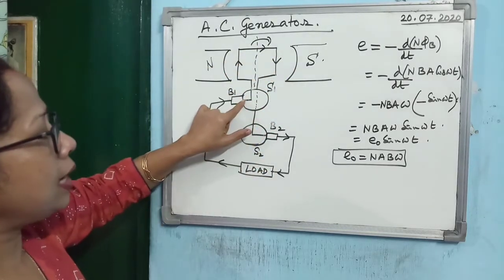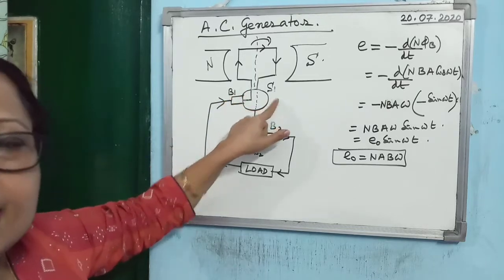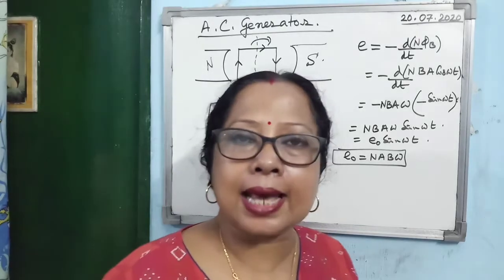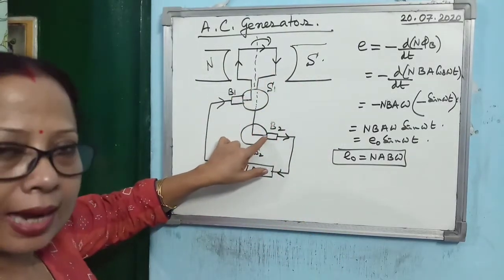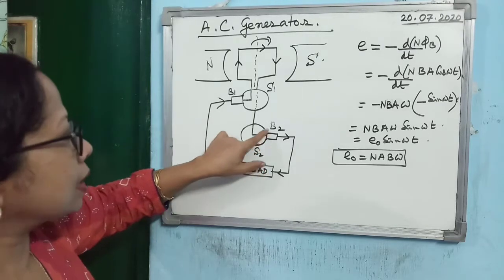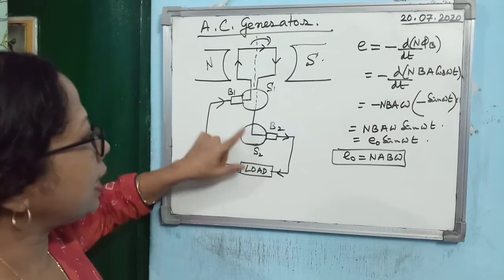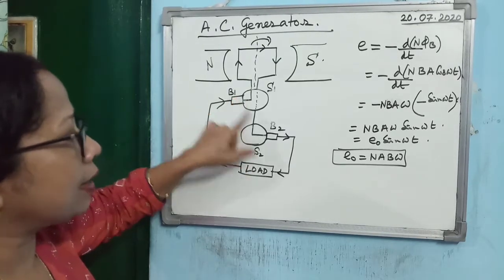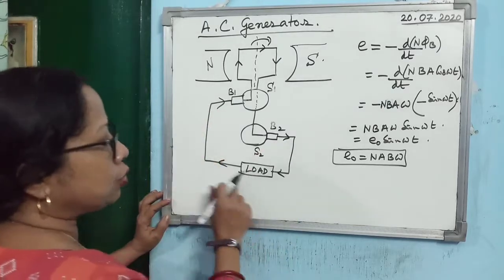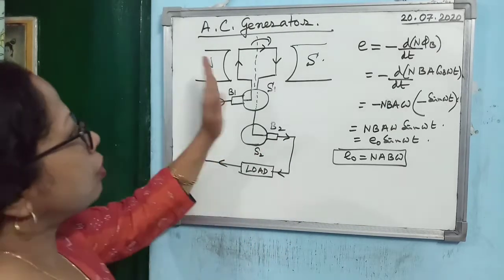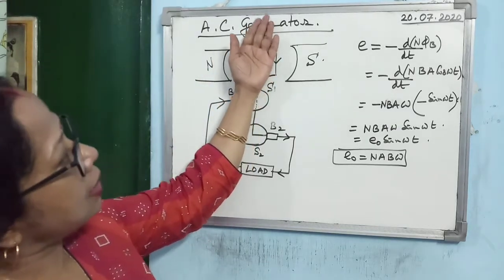One end of the coil slips across a circular slip ring, S1, known as the slip ring, S-L-I-P, and the other end slips across the circumference of the second slip ring S2. Then S1 and S2 are connected with the carbon brushes B1 and B2, and across B1 and B2 a load is connected.